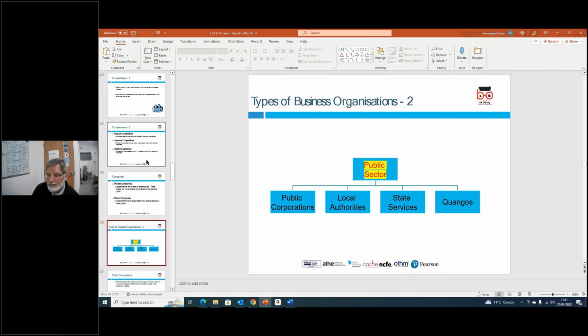Educational services and medical services are mostly run by the public sector. And they get funding from tax revenues.